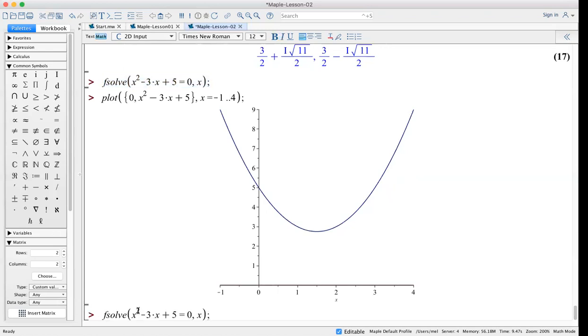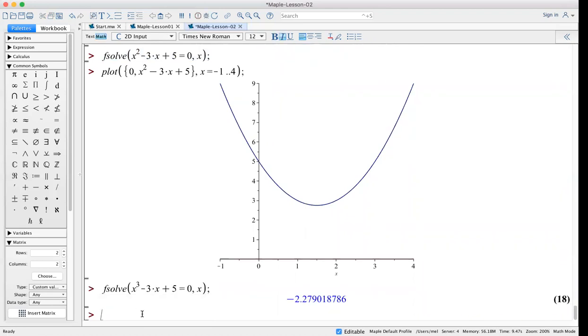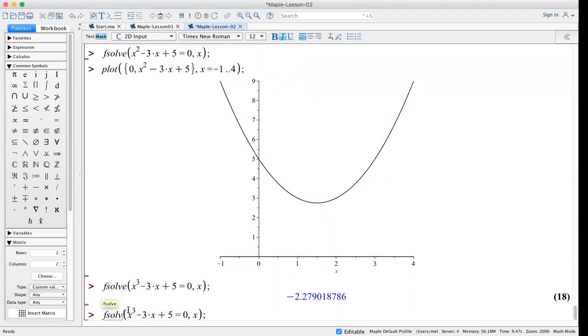If I make this the cubic polynomial, there's one solution that we see. Let's plot this.